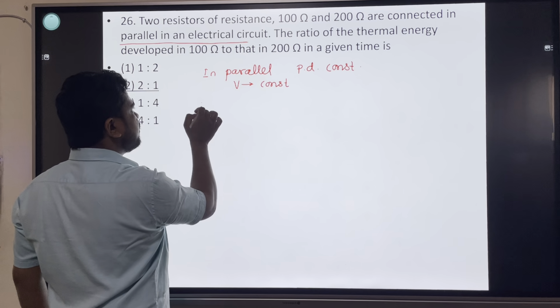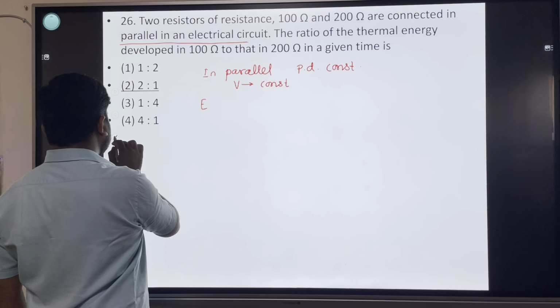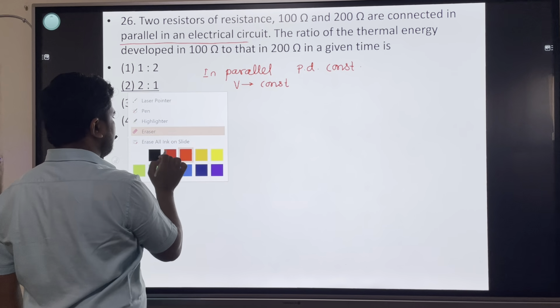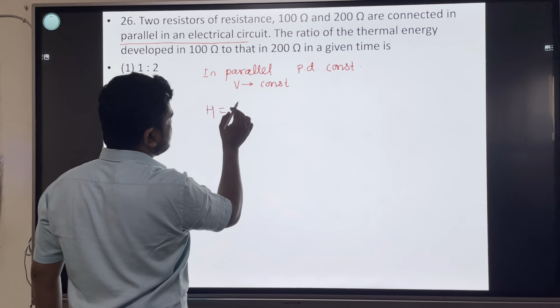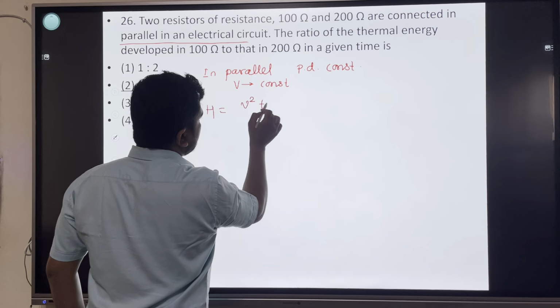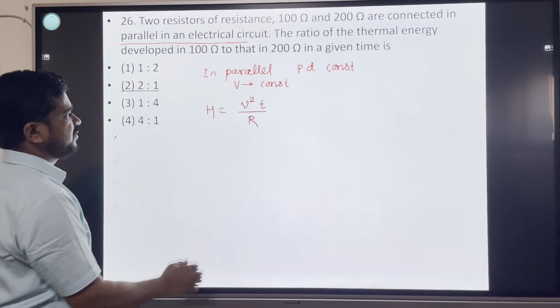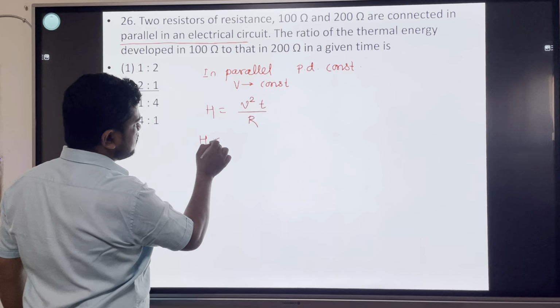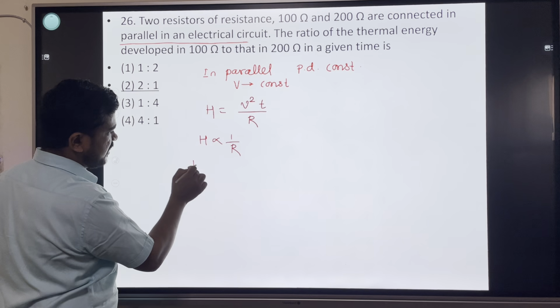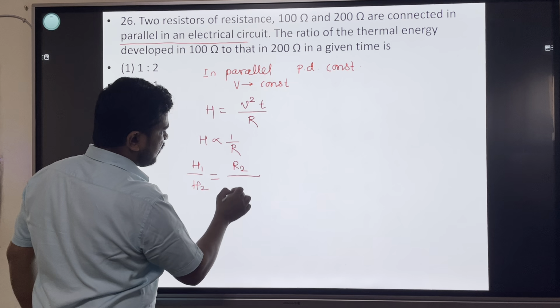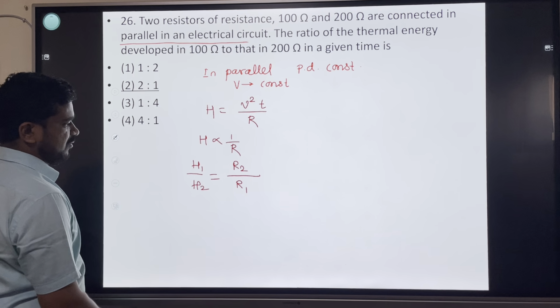Thermal energy or heat का formula जो है H is equal to V square T divided by R. If potential difference is constant, H is inversely proportional to resistance. Thermal energy H1 divided by H2 is equal to R2 upon R1.